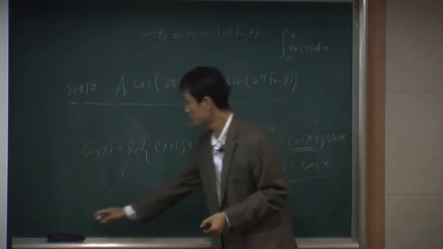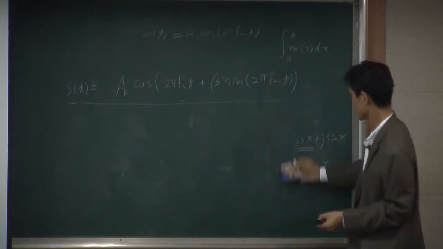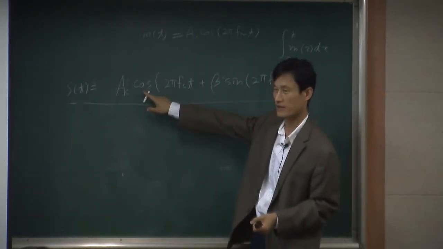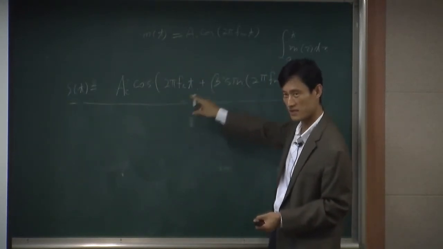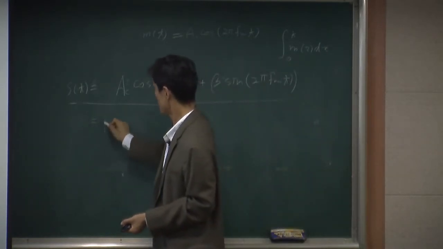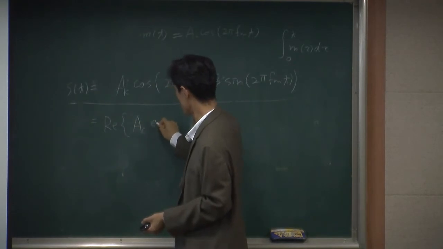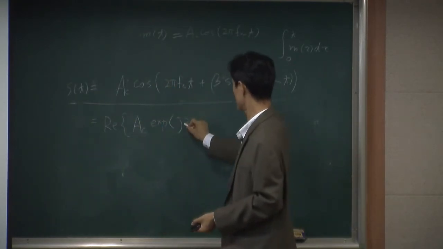Same way, what we are seeing here is eventually cosine. Inside the cosine we have some complex thing, but still this is just cosine. So what we're going to do is take the real component of AC exponential of j of all these things.